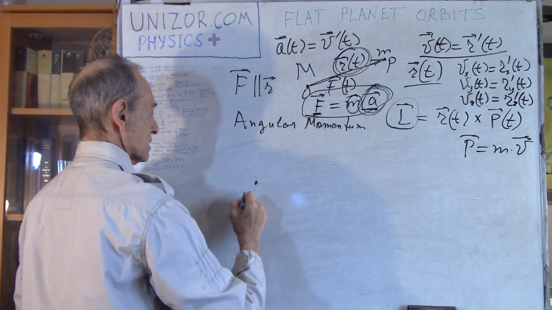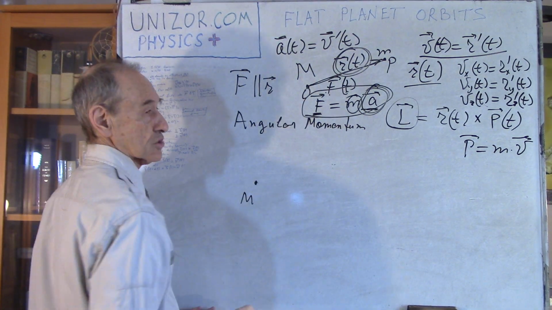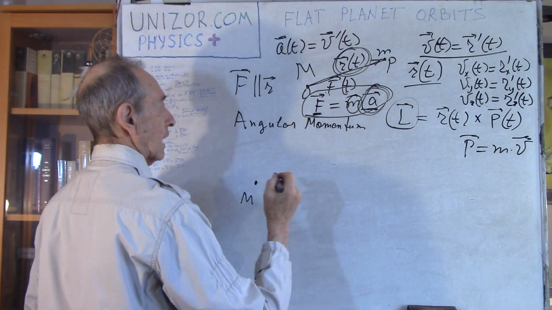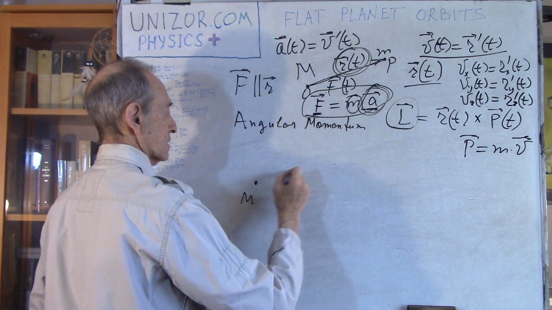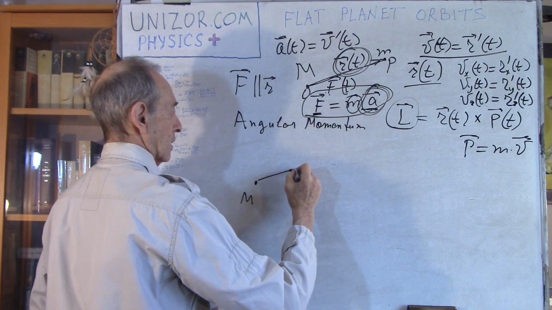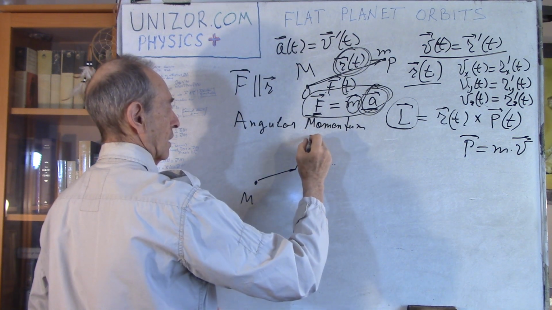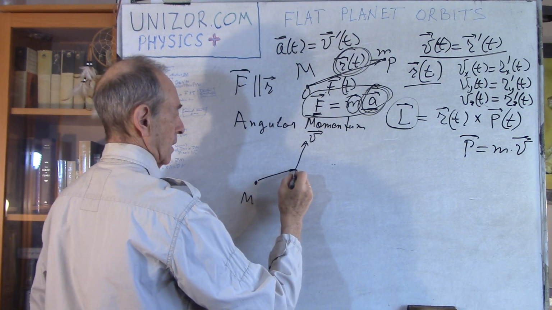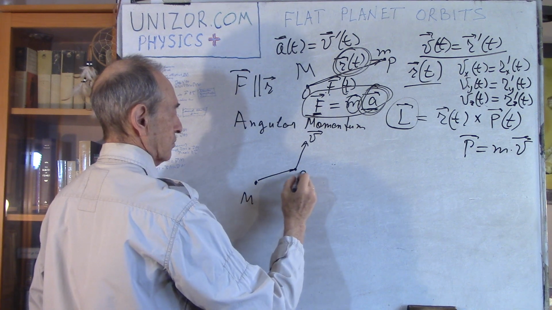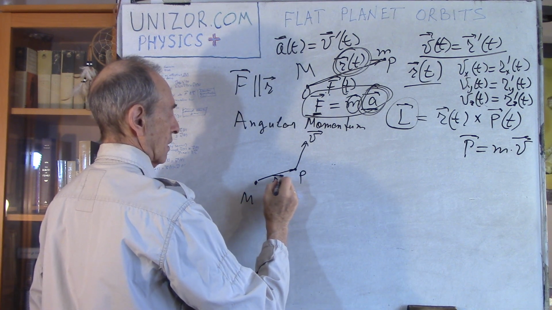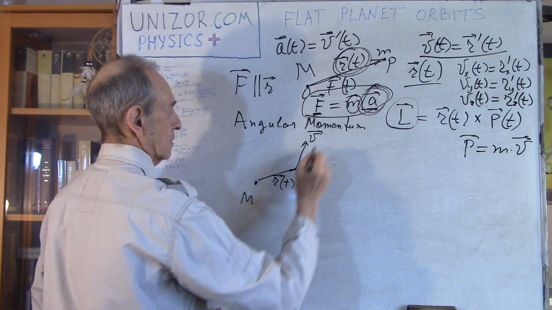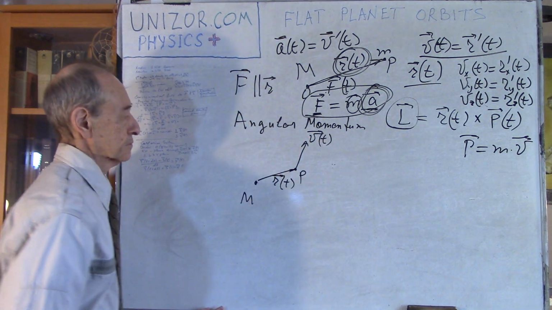This is our mass, the fixed position in space, and I know that somewhere here I have point P, and this is r of t, v of t.